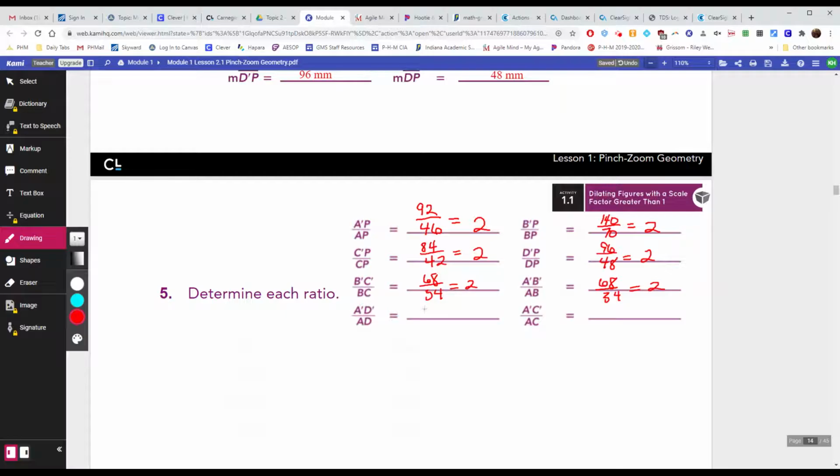A prime D prime was 16. AD was 8. 16 over 8 also equals 2. And then one more, A prime C prime is 68. AC was 34. That also equals 2. We have seen that each ratio here that we measured is equal to 2. So this tells us that the scale factor in this dilation is equal to 2.